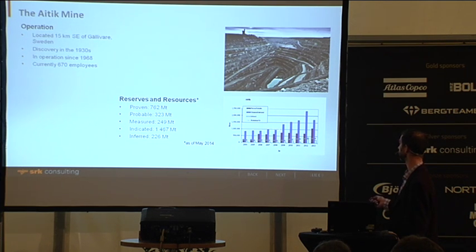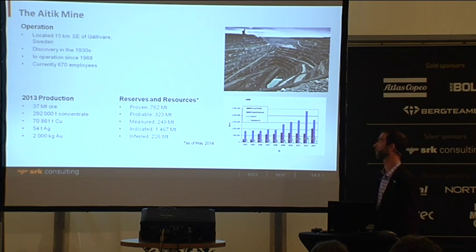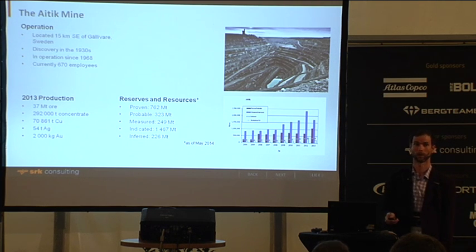This is where we cross the billion tons of resources, excluding reserves, and since 2009 it's been going up through expanded exploration, and the peak here in 2012 has then been converted into reserves in 2013. These are the latest figures as of May 2014, when the last model update happened there on site. Production is annually 37 million tons of ore, delivering 70,000 tons of copper, 54 tons of silver, and as a byproduct, 2 tons of gold.